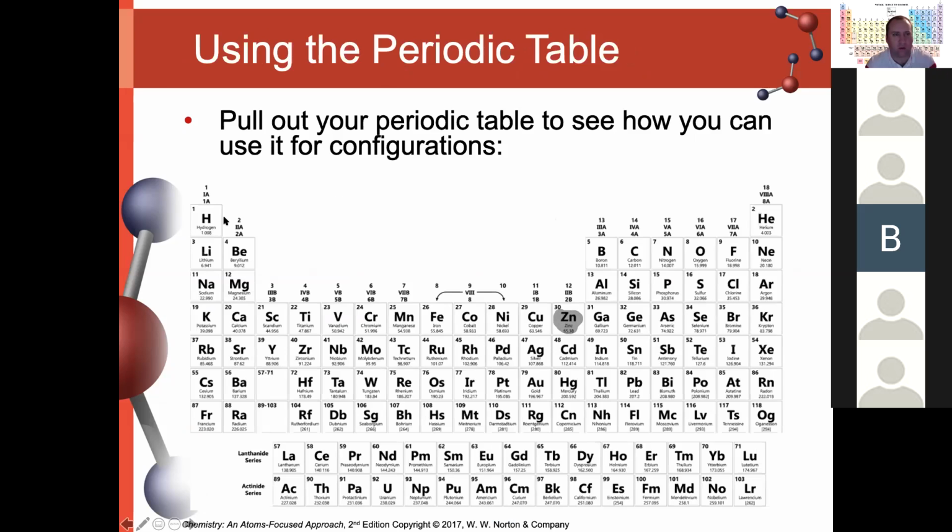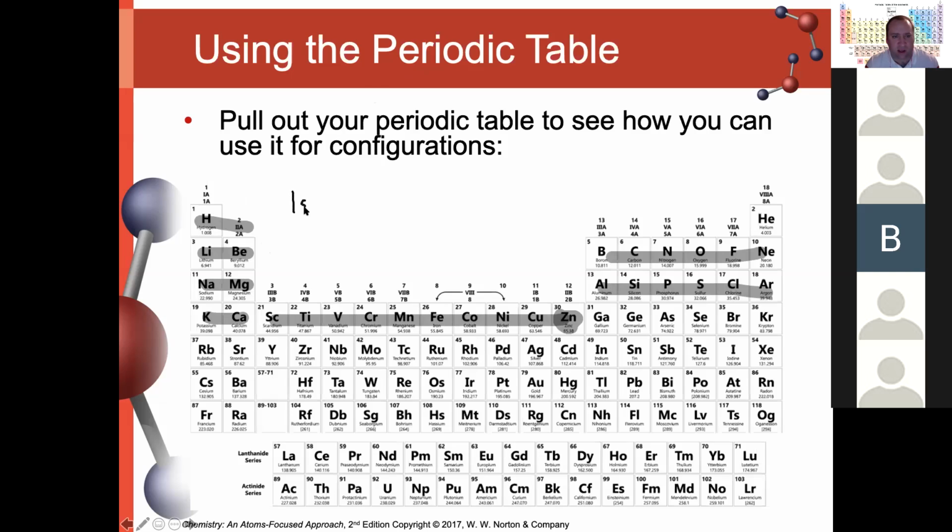If we follow the pattern, 1s, 2s, 2p, 3s, 3p, 4s, 3d, that's how it's going to end up looking to us. And now we just need to fill it in all the way.